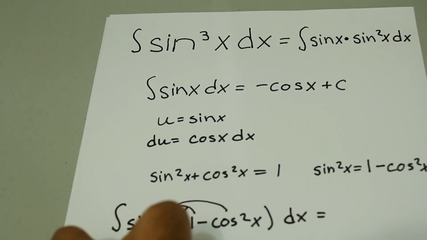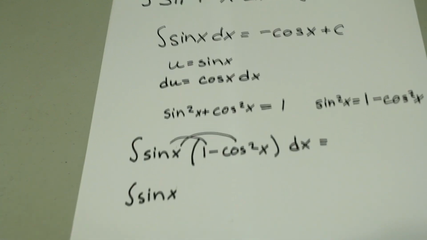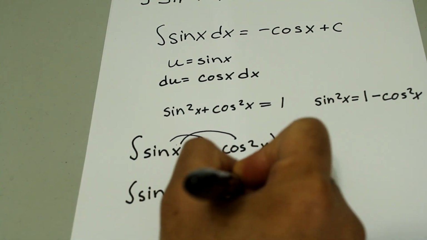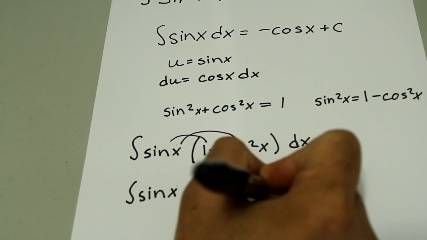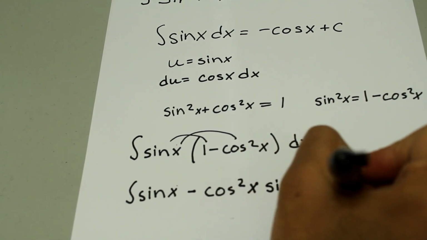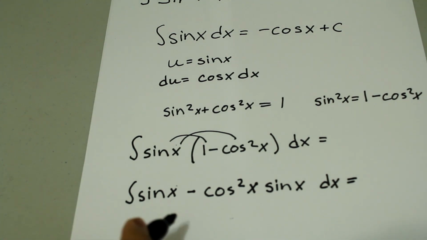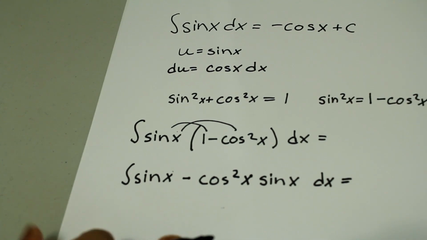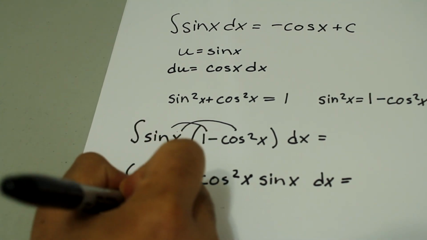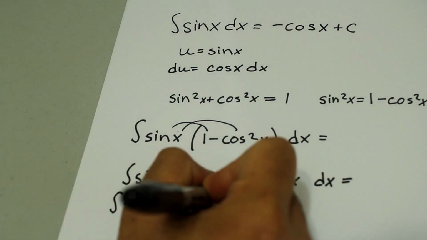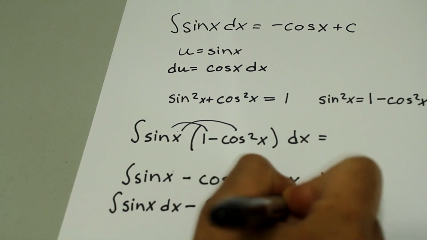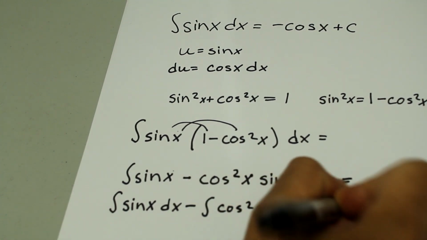I get integral of sine of x minus cosine squared x sine x dx equals. Now, since we're subtracting, we can split these up into separate integrals. We can say that it's integral of sine of x dx minus integral of cosine squared x sine x dx.